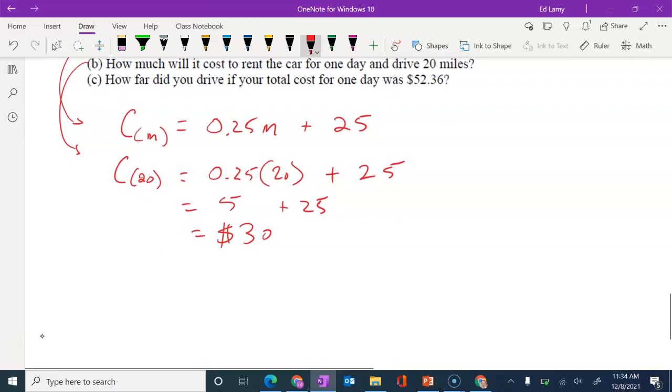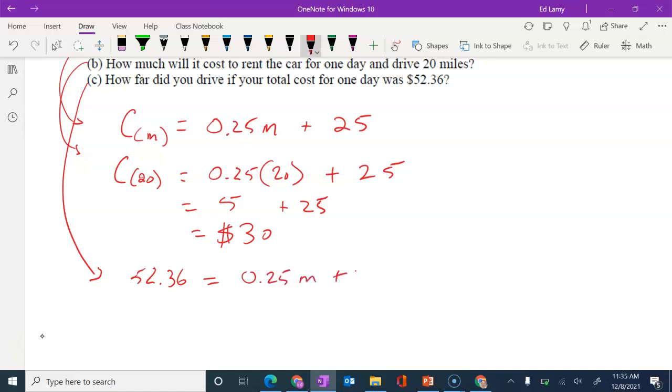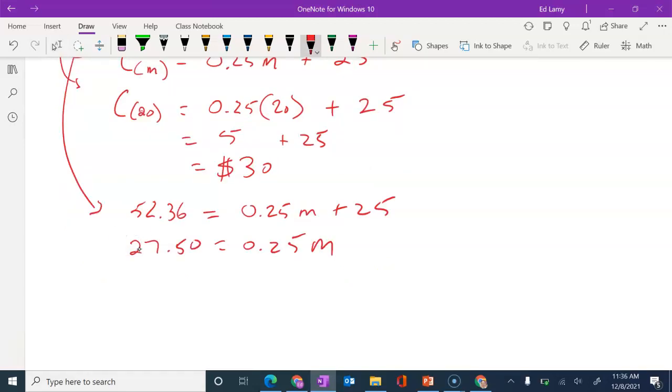In part C, if the cost was $52.36, how many miles did you drive? So we're just plugging in 52.36 for the cost and solving for M. First, we would subtract 25 from both sides, and then divide both sides by 0.25 or multiply both sides.